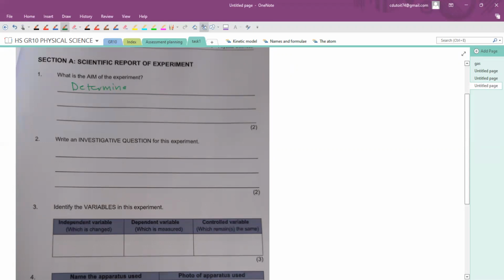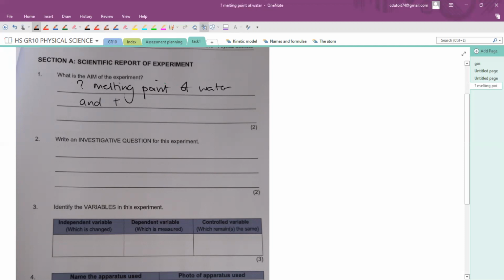Determine, I think we're going to do melting point, because we're starting with a solid, isn't it? So what is the melting point of water?